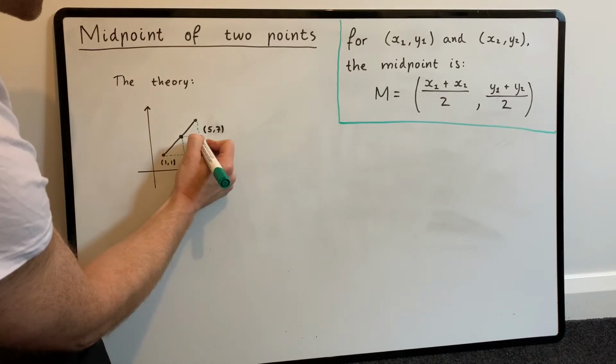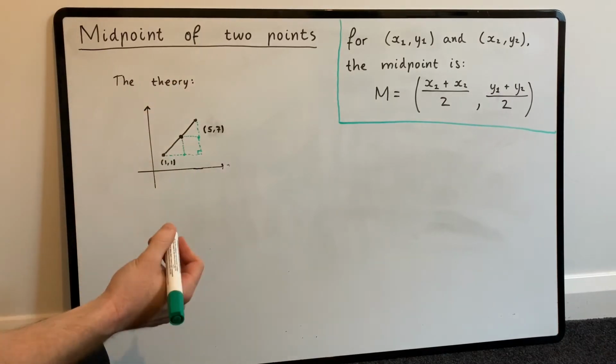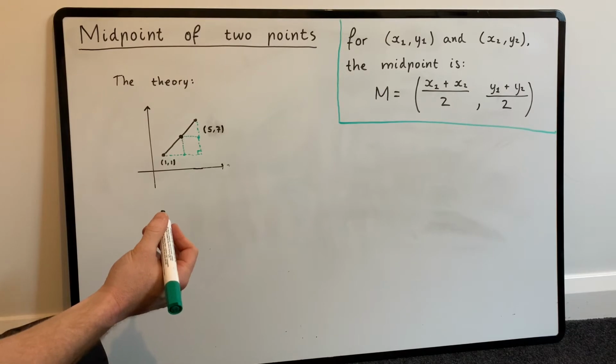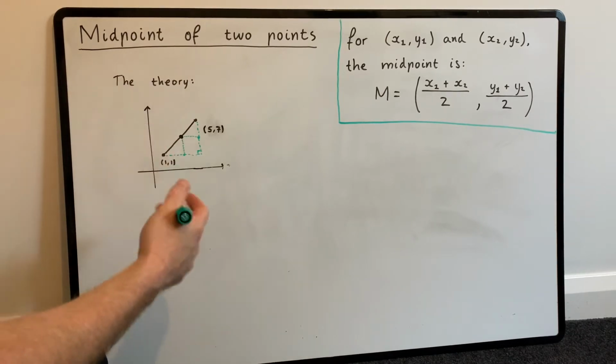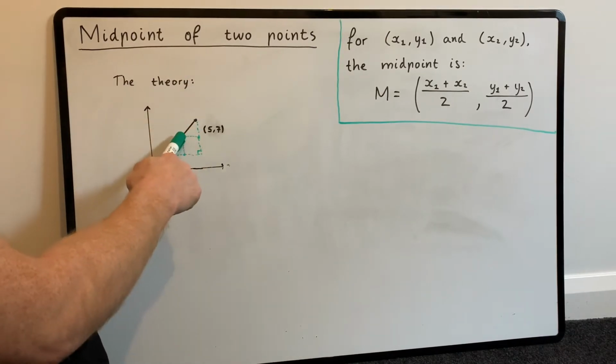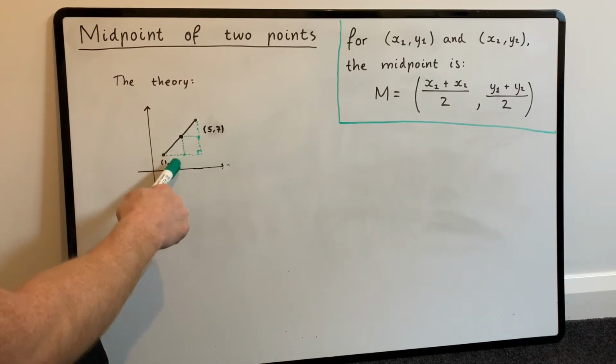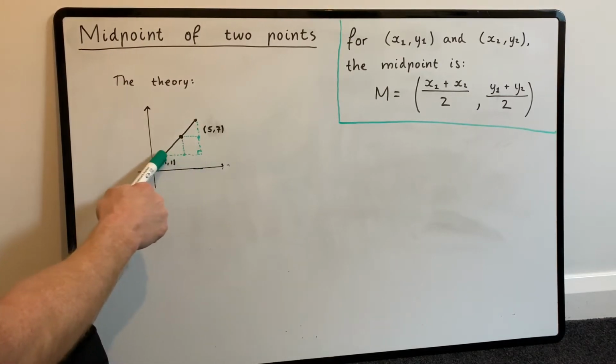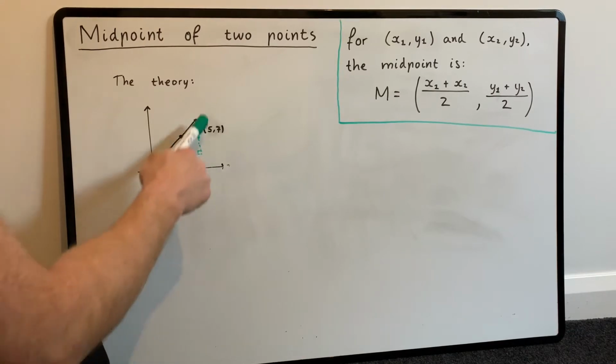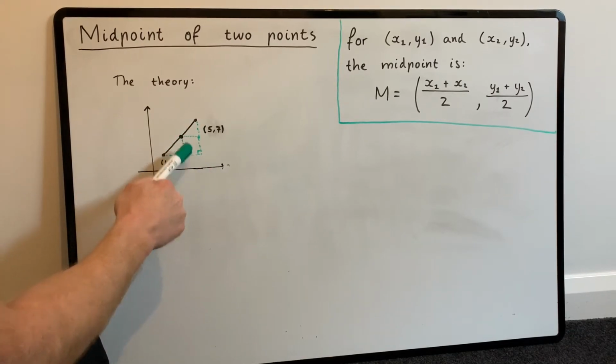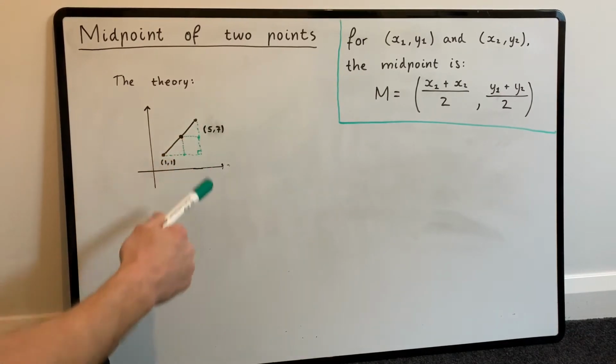And this point here is splitting the vertical side of the triangle in half. So what this means is that the x value of the midpoint is the middle of these two x values, and the y value of the midpoint is the middle of these two y values.